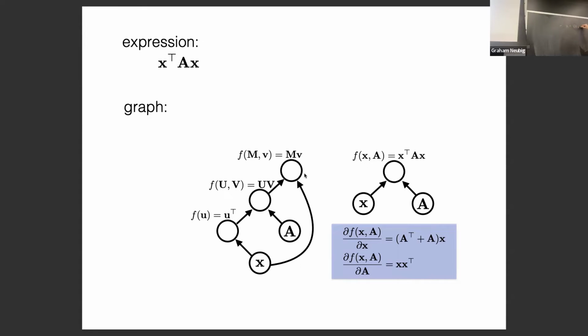You could do this by WX plus B, or you could do this by linear. This is not exactly the syntax you use, but it should be clear. Or you could have this function linear(W, b, x), and linear is like a single function. This is a matrix multiply and then an addition. So this takes twice the memory for the hidden state that this one would take, because this one can be done all in a single pass.